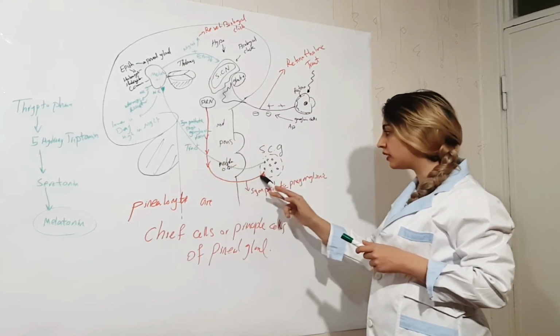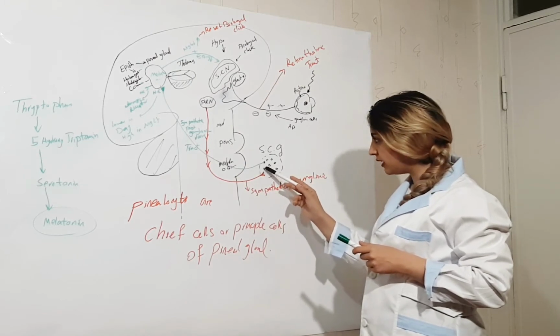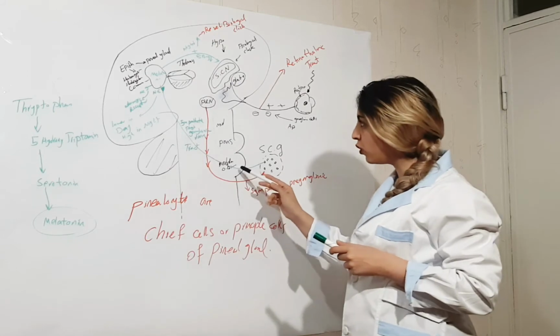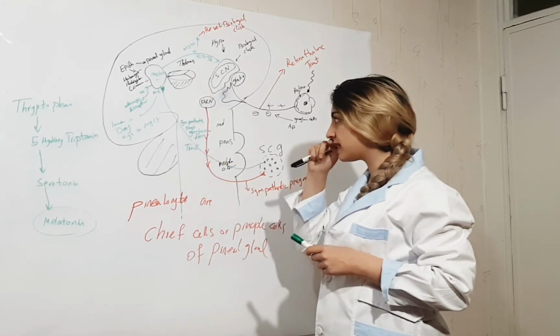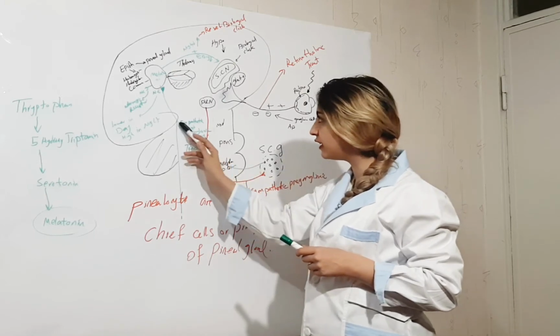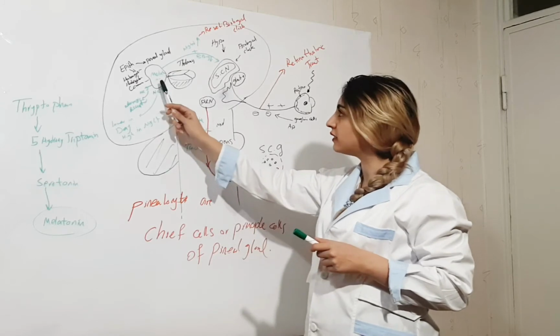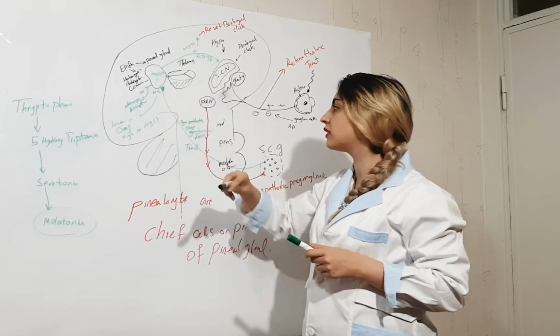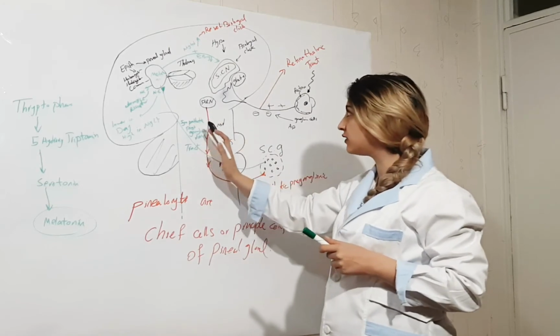This is the preganglionic axon, and neurotransmitters will be released here, and finally the postganglionic sympathetic nerve goes by its axons here and has a relation to the pineal gland. So this is the sympathetic pathway.